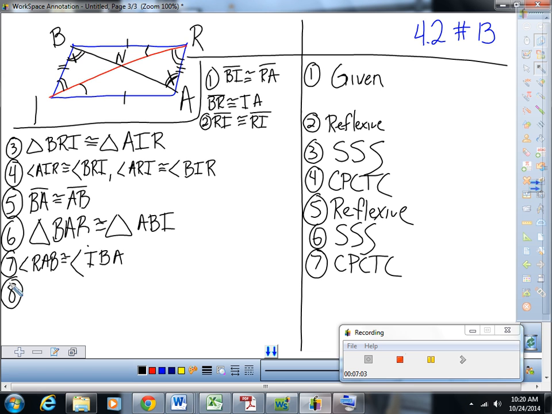The reason for 8: now we're going to say that triangle BNI, again I have to be careful with my congruence here. BNI, I started with this angle with the slash in it and ended at the double. So I've got to say ANR is congruent. Clearly that's an 8, and that's angle side angle, or the ASA postulate.